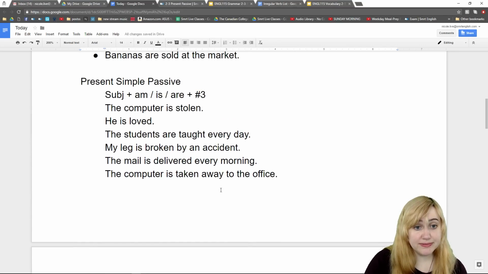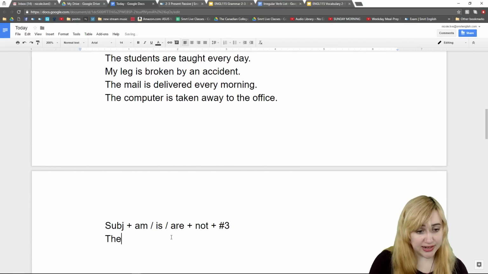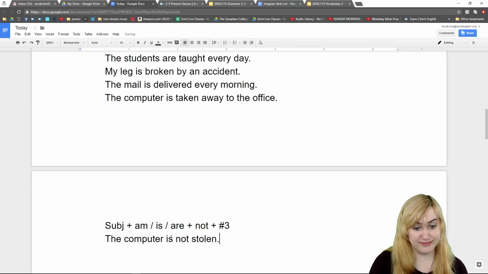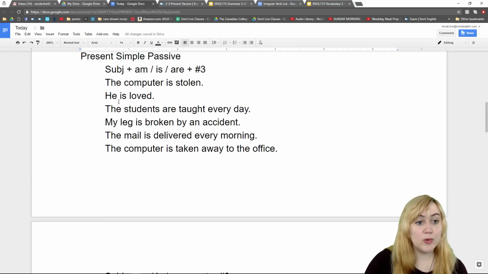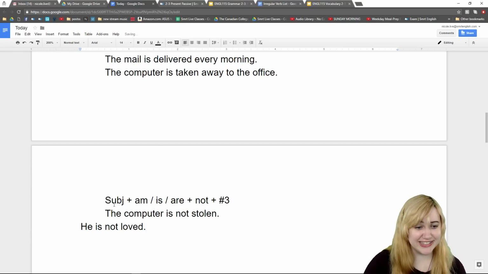So for example, the computer is stolen. I will say the computer is not stolen. Or he is loved. He is not loved. Oh, that's a sad sentence now.